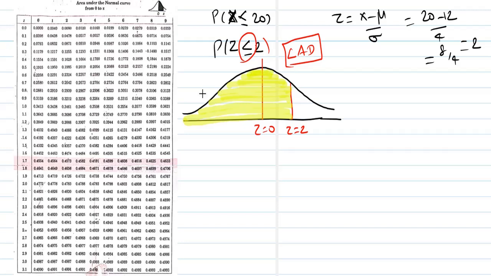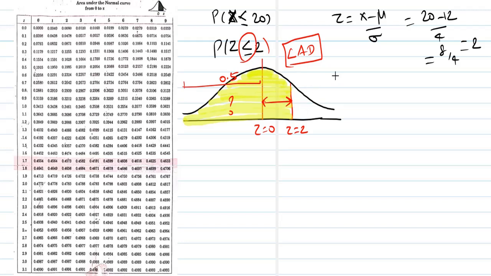Now I know that the table can give me the value only from where? The center line. So from the center line, I will be able to find this 0 to 2. But how about this portion which is going to be beyond the center line? So we know that half area is equal to 0.5. So whenever you have less than or equal to, then what you will have to do? You will have to add.